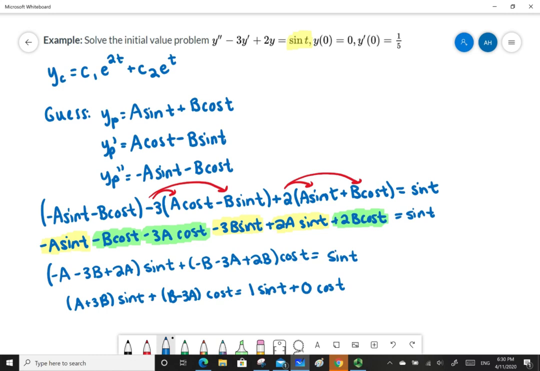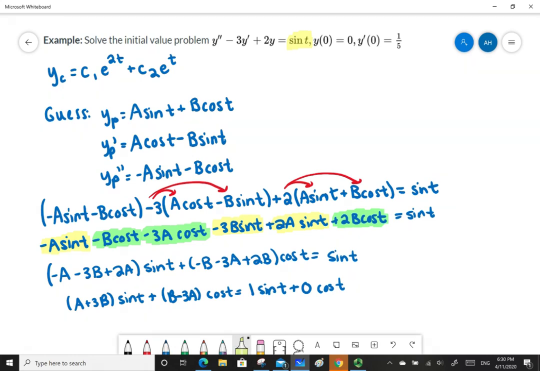Now we can use a technique called coefficient matching to write a system of equations involving a and b. Once all like terms have been combined, the coefficients of terms on the left must match those on the right.